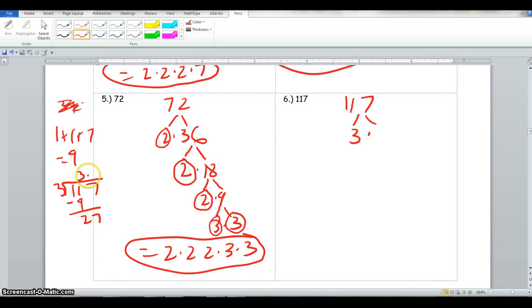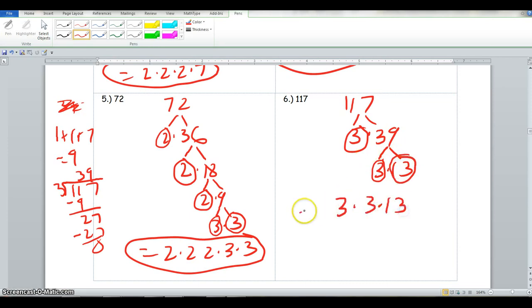Bring down your 7. 3 goes into 27 9 times, and you have no remainder. So 3 times 39. And 3 goes into 39 13 times. So you'll have 3 times 3 times 13. That is your final answer.